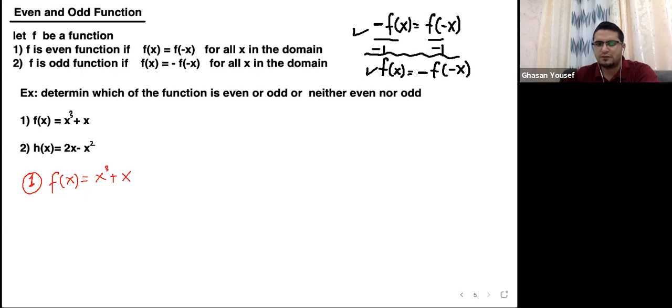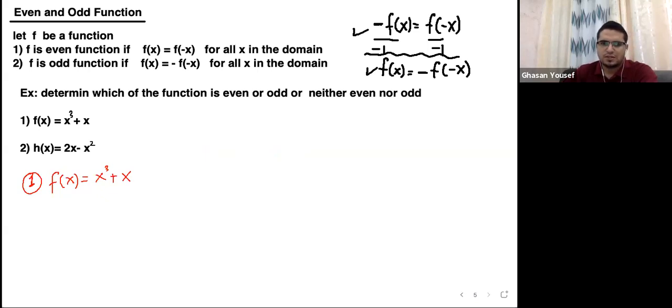We don't say 3 plus 1 is 4, so 4 is even and it's an even function. This is completely wrong. It's not done by adding the exponents.